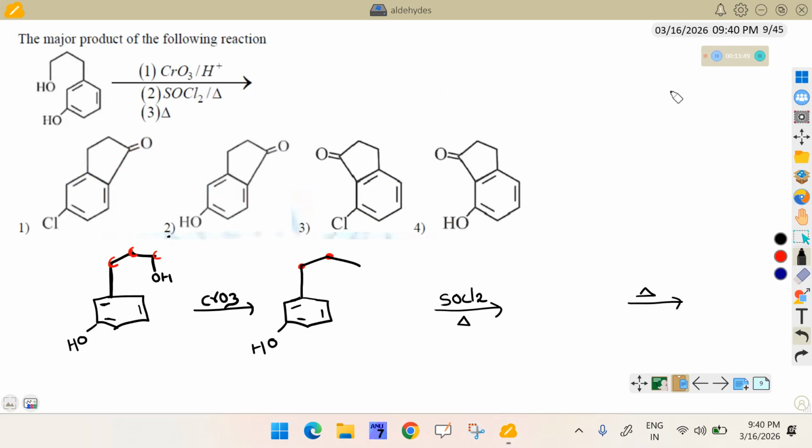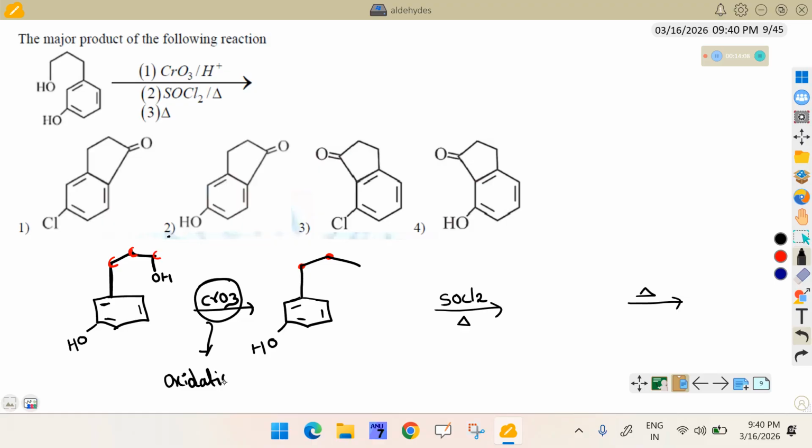See the next question. The major product of the following reaction. The reaction is given, it reacts with CrO3. Alcohol reacts with CrO3. What is the role of CrO3? Oxidation takes place.